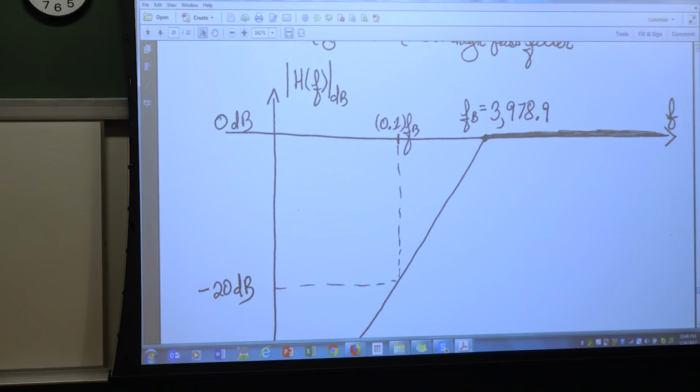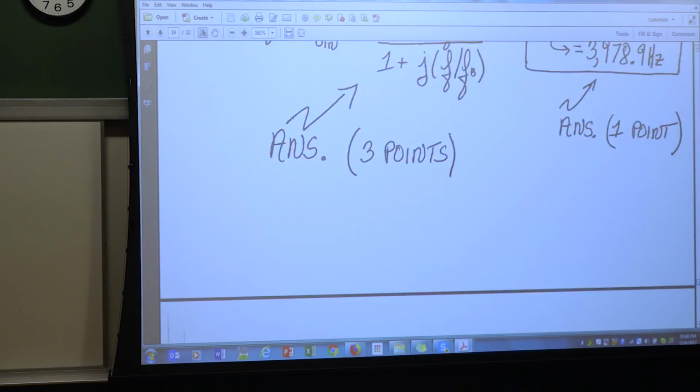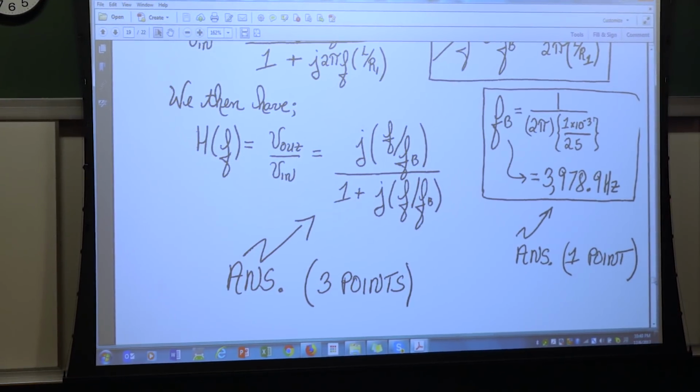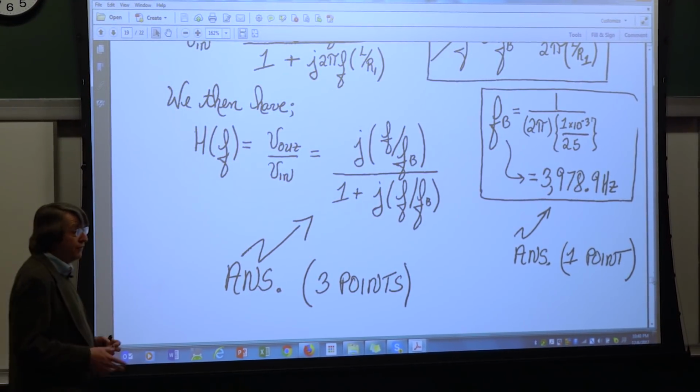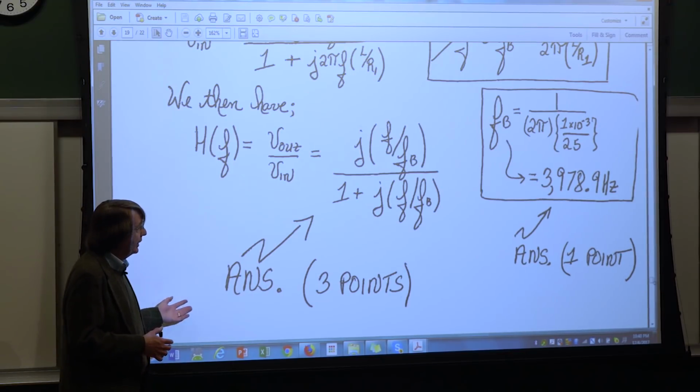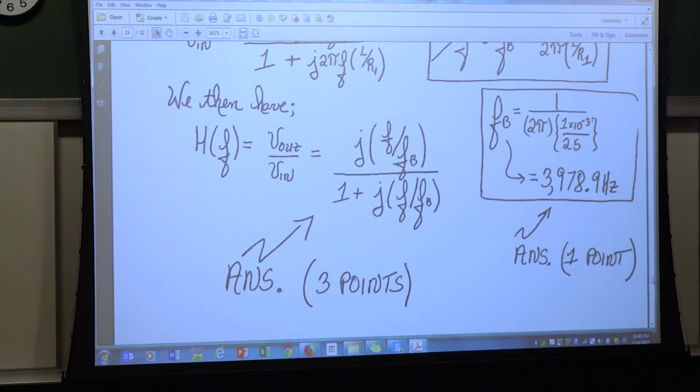This is a high-pass filter. How do I know it's a high-pass filter? J over 1 plus J, J times F over FB over 1 plus J F over FB. It's high-pass. You could also figure it out if you looked at the role of the inductor. And I look at this and say, okay, it's a high-pass filter.